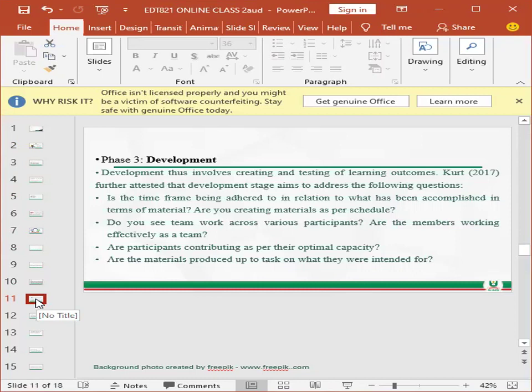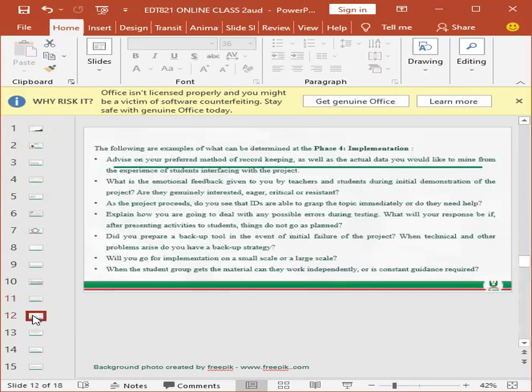Do you see teamwork across various participants? Are the members working effectively as a team? Are participants contributing as per optimal capacity? Are the materials produced up to task on what they were intended for? So these are part of the questions we generated under phase 3.